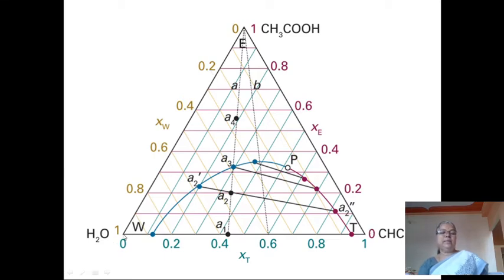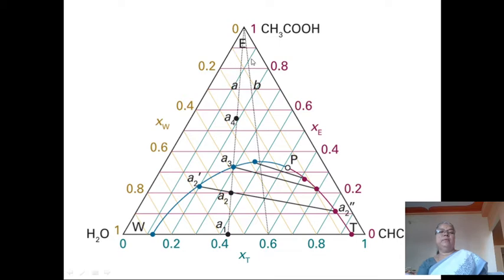Similarly, at this apex there is 100% water, and here there is 100% chloroform.